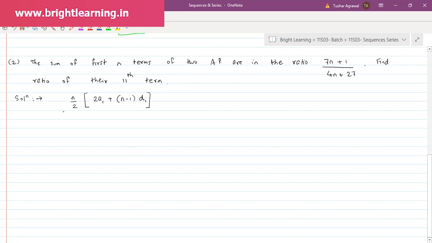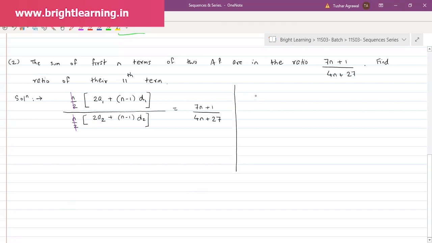This is the sum of n terms of the first AP, and for the second AP it will be n upon 2 times twice A2 plus (n minus 1) into D2. This is given to be equal to 7n plus 1 upon 4n plus 27. The n upon 2 gets cancelled out. So this is the information that is known to me. And what is my target?